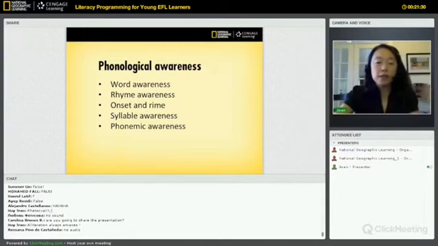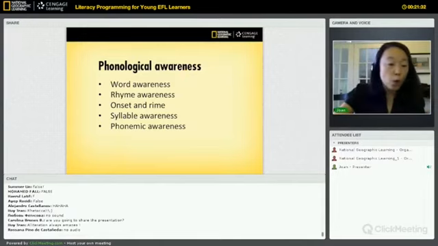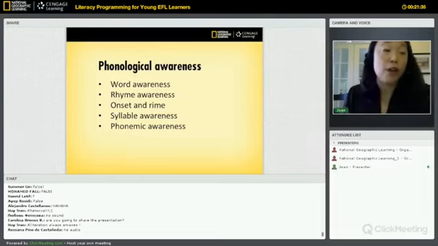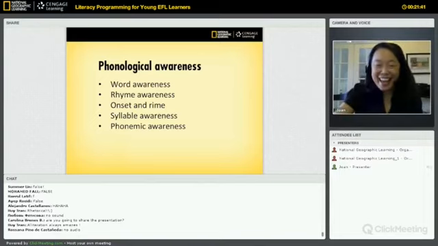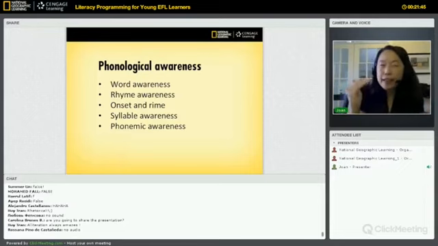Phonological awareness includes word awareness, and rhyming, that words rhyme, like The Cat in the Hat. It also includes understanding onset and rime, so you can recognize that certain words start with the same letter, or end with the same sounds.